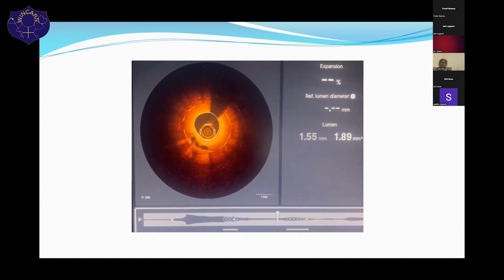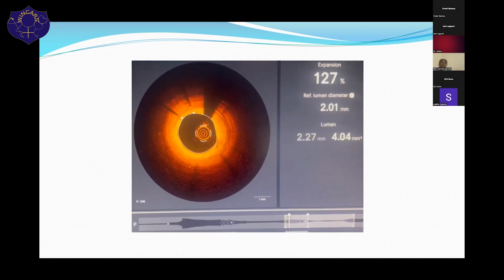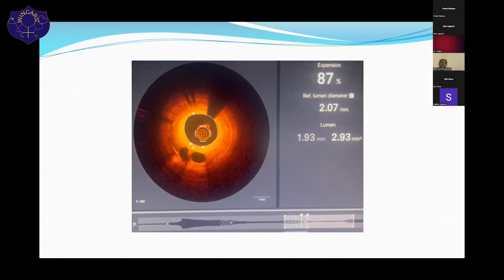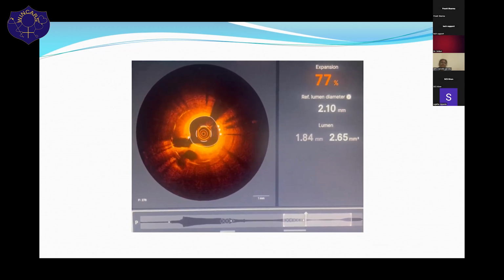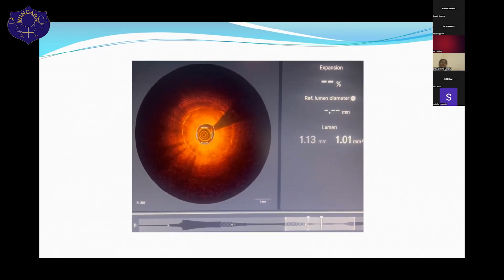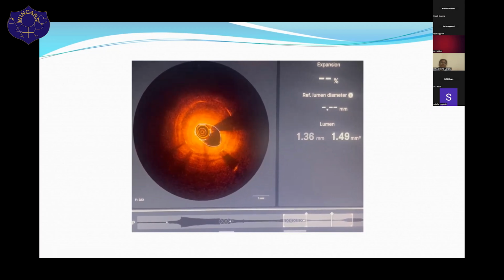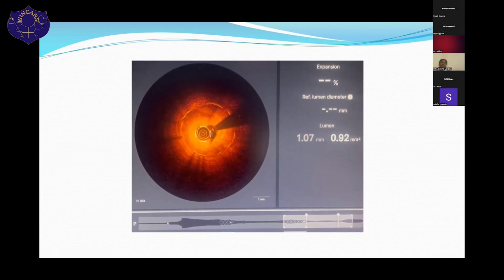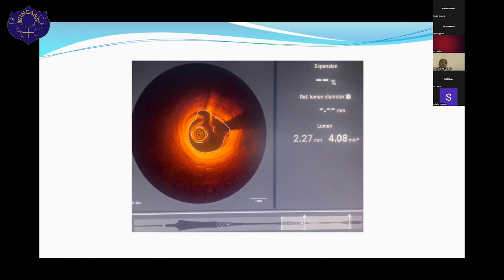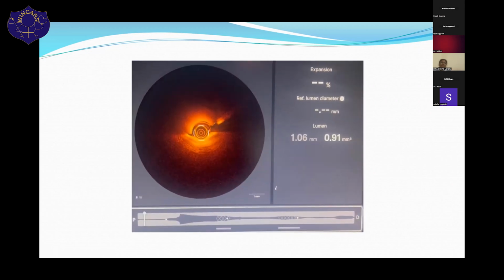There were no other mechanical factors responsible for the restenosis, like stent fracture. And beyond the stented portion also there was in-stent restenosis. This is the stented portion, but after the stented segment also there was some disease in the distal RCA.